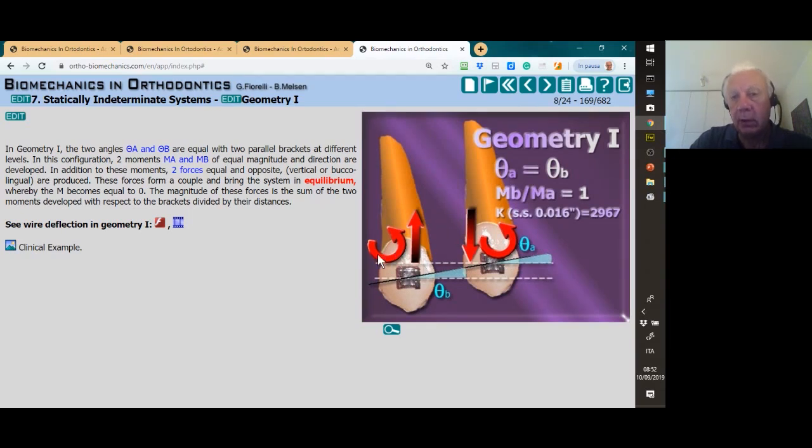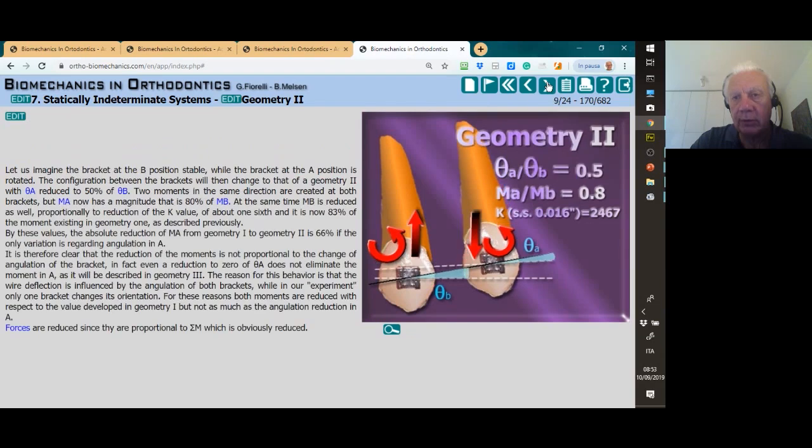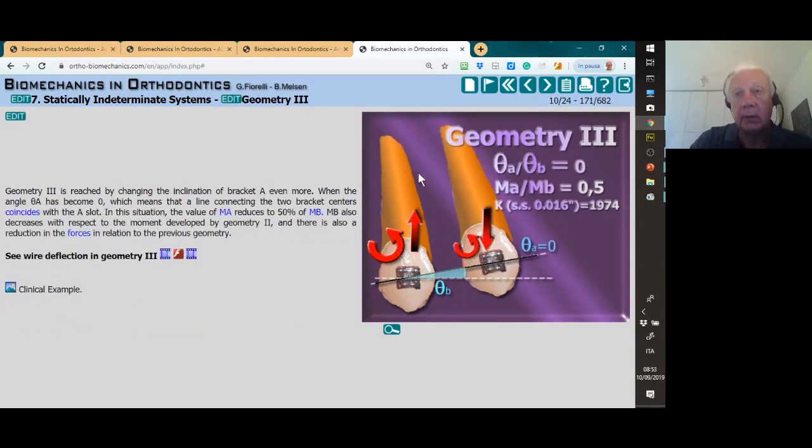Maximum value of the moment here, maximum of forces. Key is a maximum value. Go back to geometry 2. This moment is reducing more than this one, but also this one is reducing. Ratio between the angles is 0.5, ratio between the moments is 0.8. Forces are reducing. Forces are always reducing, going from geometry 1 to 6.